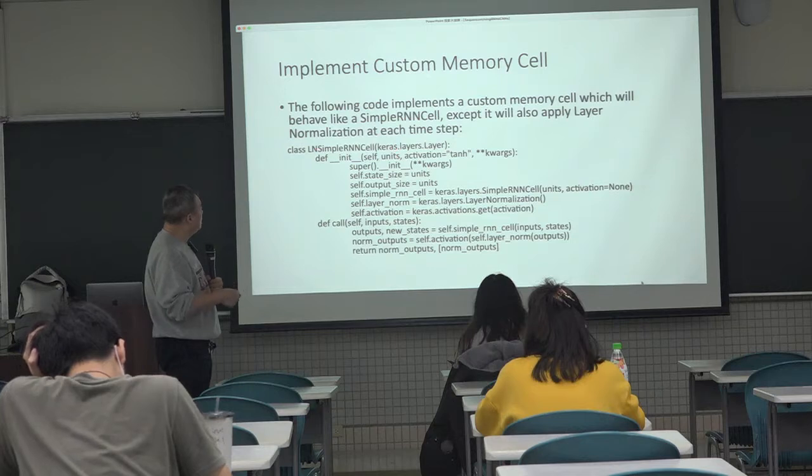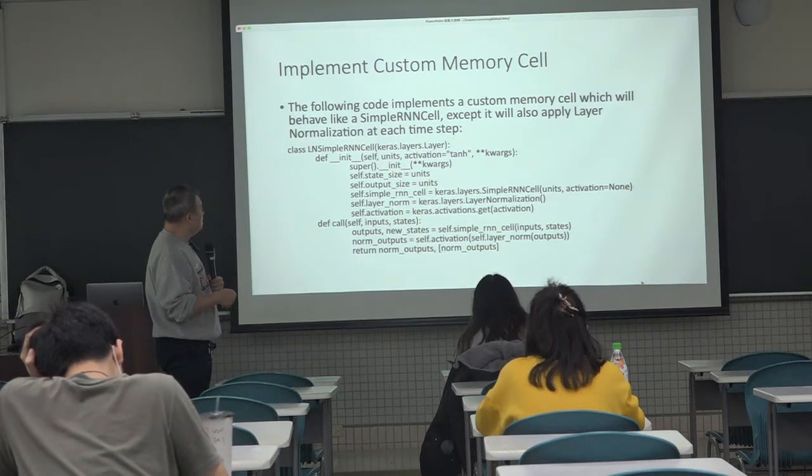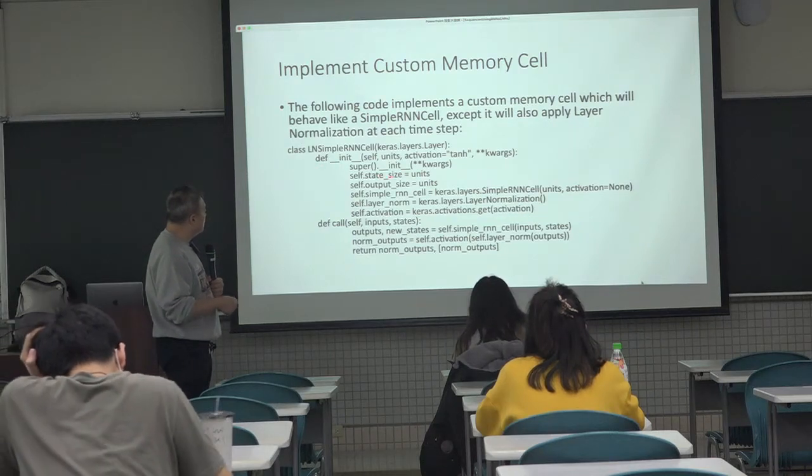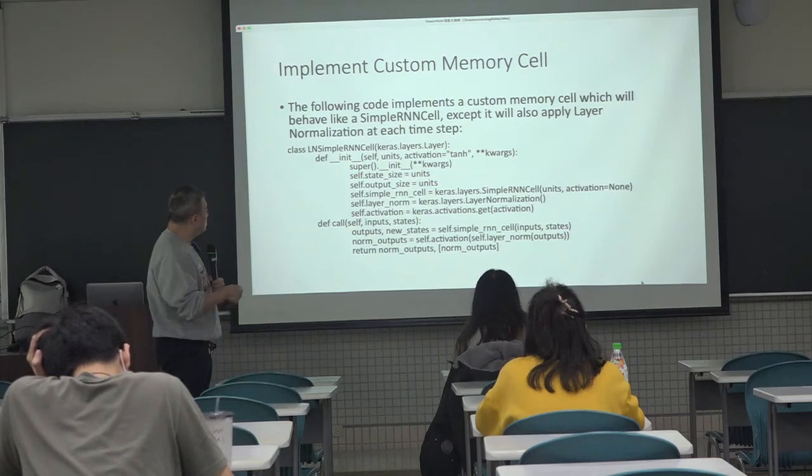You can see in this one we subclass the layer class to create the LN simple RNN cell. Basically, here we have a state size and output size, because this allows us to create a layer of layer-normalized RNN cells.